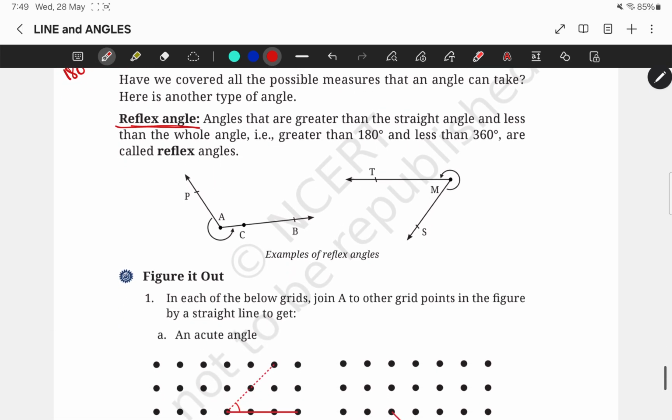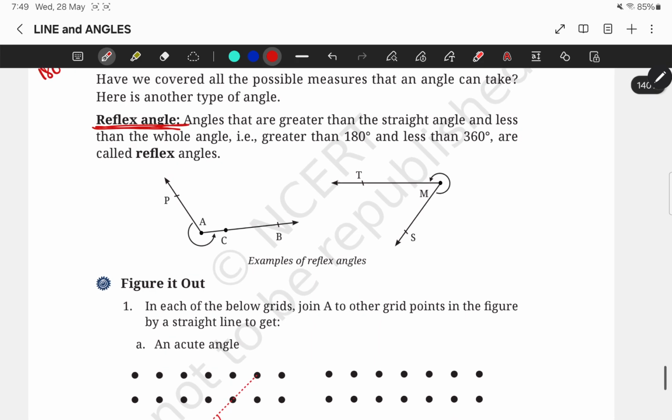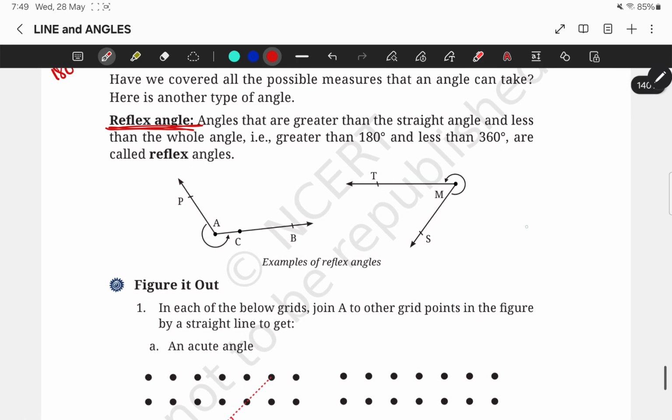And for the reflex angle, another concept, again I am taking two arms. This is the first arm. For the straight angle, we assumed it like this. Before, I told you that this is a straight angle of 180 degrees.